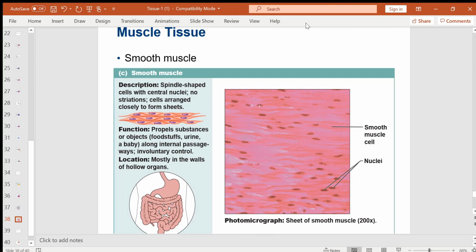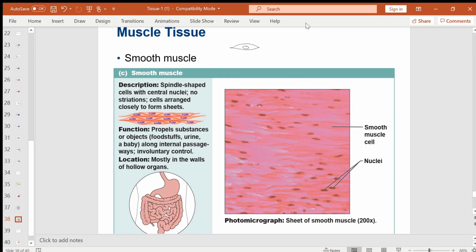Okay, smooth muscle. Smooth muscle fibers or cells are very simple. They are not cylindrical. They are spindle shaped. That means like your eye, and a nice centrally located nucleus. So very simple.